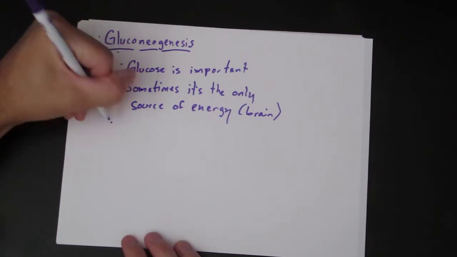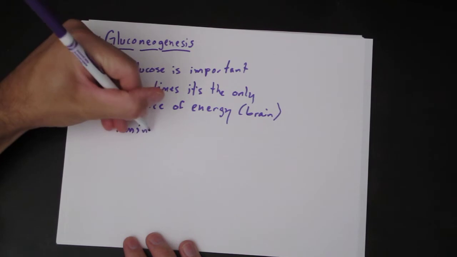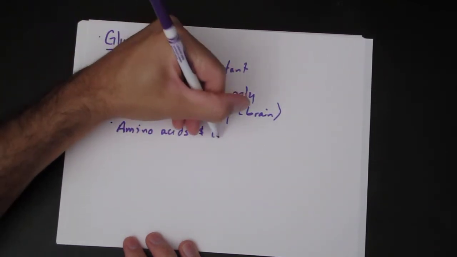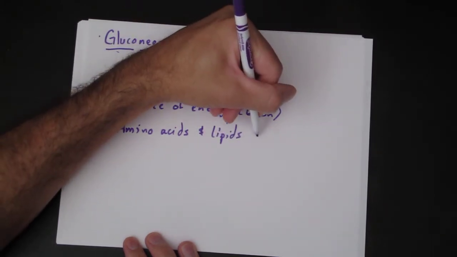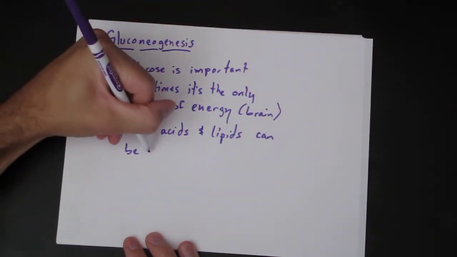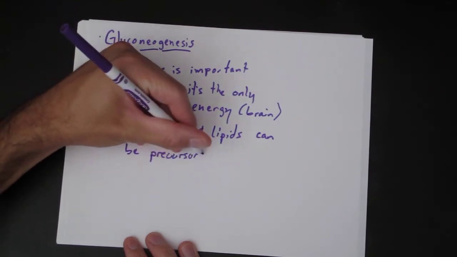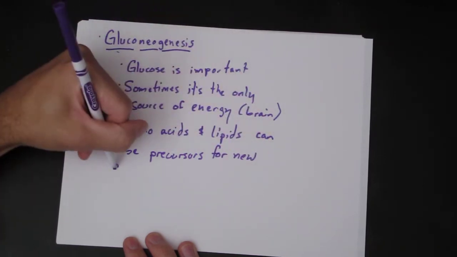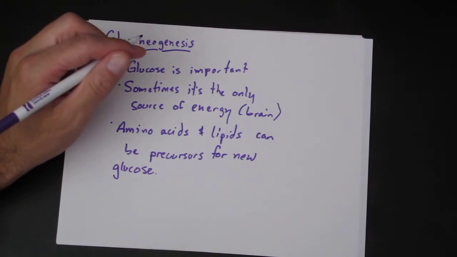So what we see with gluconeogenesis is that amino acids and lipids can be intermediaries, or precursors, for new glucose.